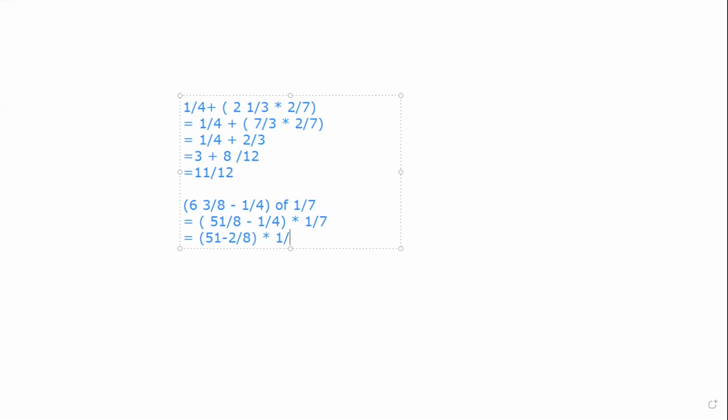Into 1 over 7. So the answer is going to be 49 over 8 into 1 over 7. So you can simplify 49 and 7. That is 7 times. So your answer is going to be 7 over 8. Okay.